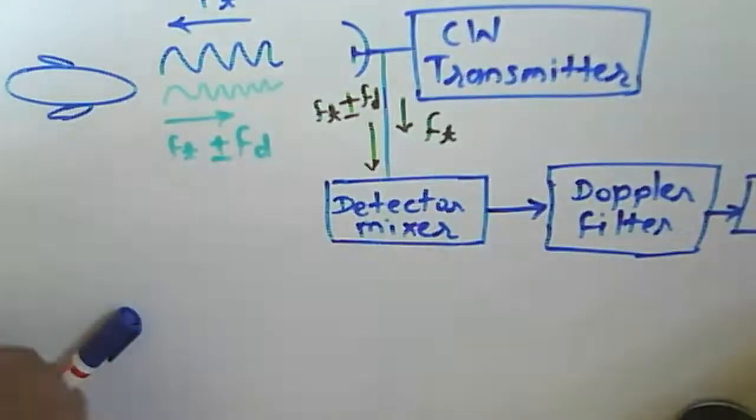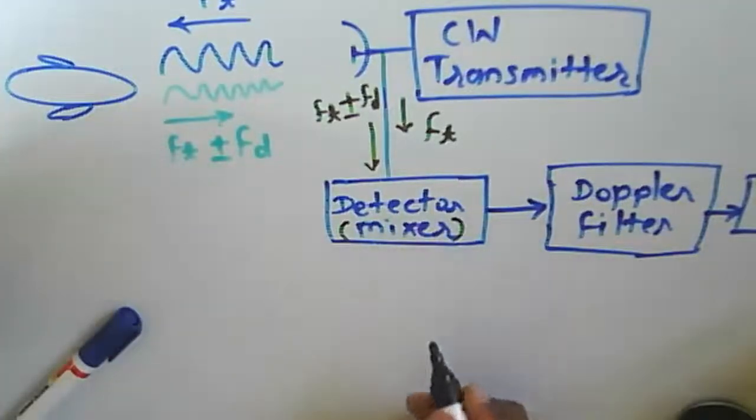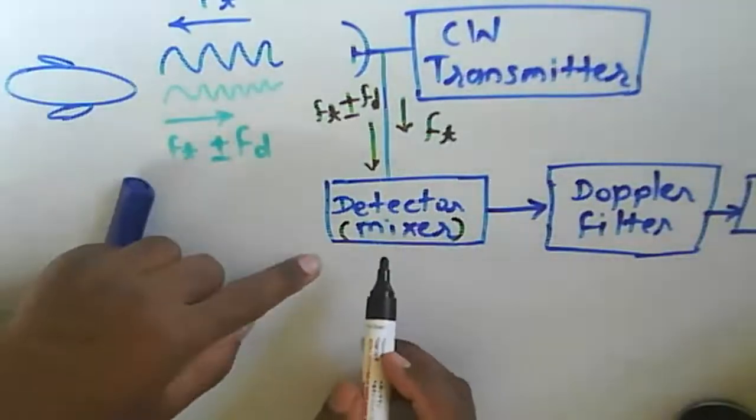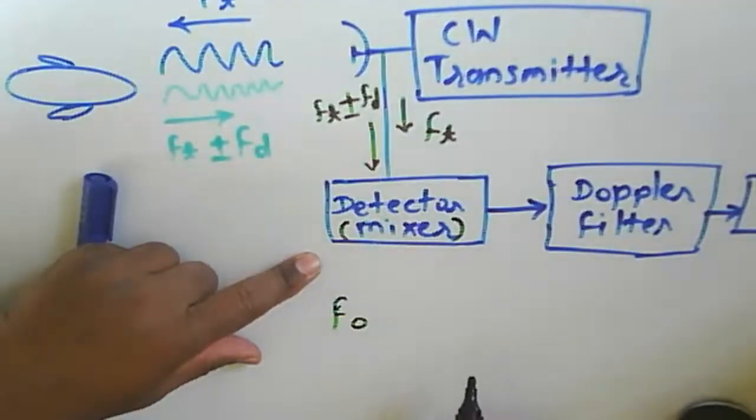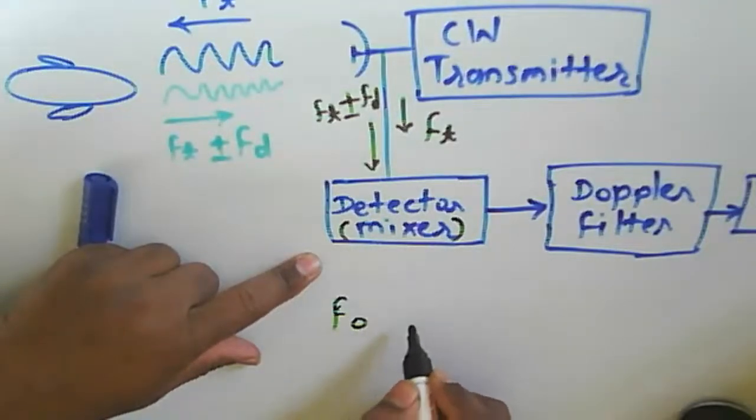Now this one is about a detector. Generally at the mixer, we send a local oscillator frequency signal as well as the received signal.